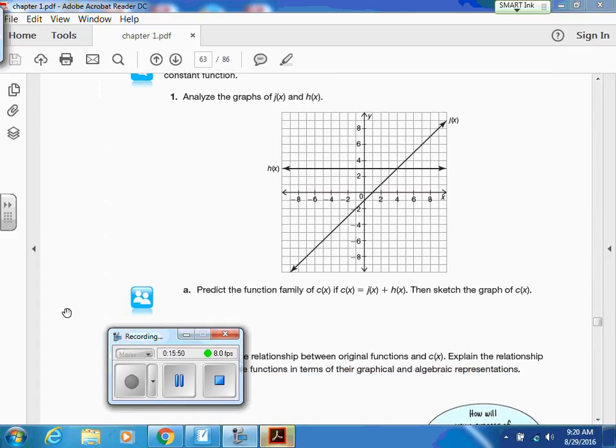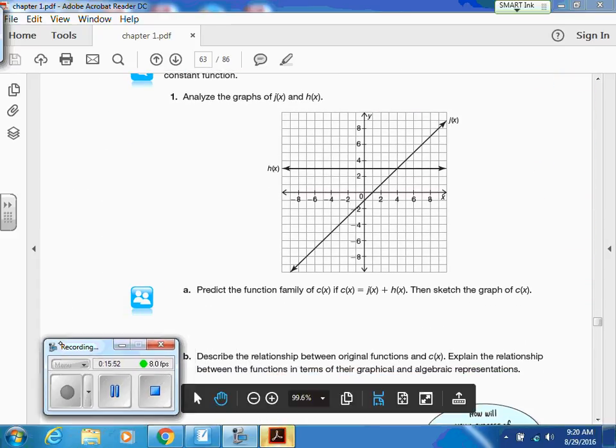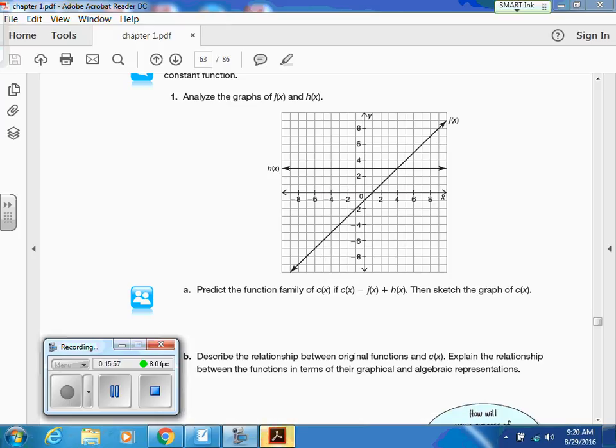All right, look at the graphs of J of X and H of X. Predict the family of functions of C of X if C of X equals J of X plus H of X. Then sketch the graph.